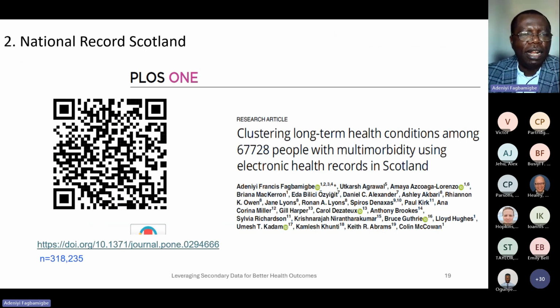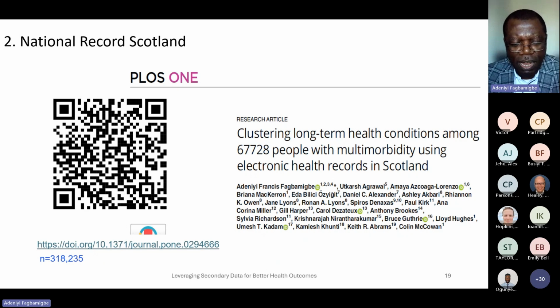Another one is the National Health Records in Scotland. Here, I led a study where we looked at long-term conditions among adults in the UK. We were able to cluster them. How do these diseases occur among people within this community? It covered five areas very close to Dundee in Scotland.